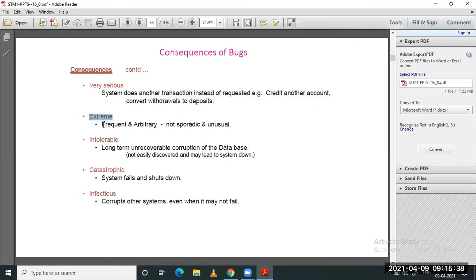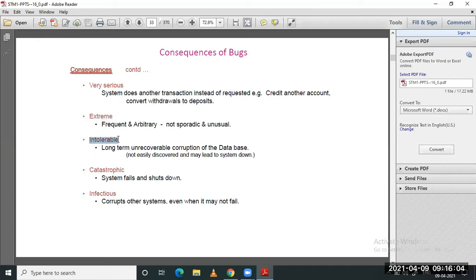Extreme bugs: frequent and arbitrary, not sporadic, and unusual. That means these types of errors happen frequently, so the transactions are not accountable. If these types of transactions are frequently done on your account, then these bugs are very extreme bugs.